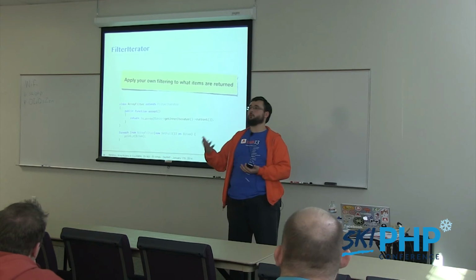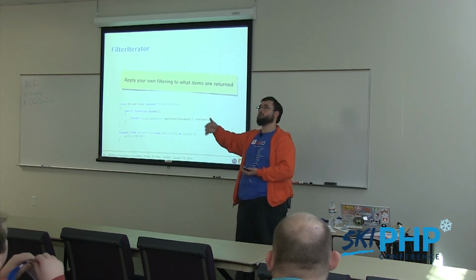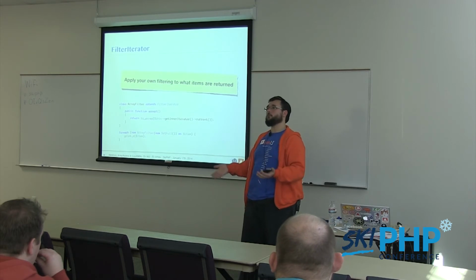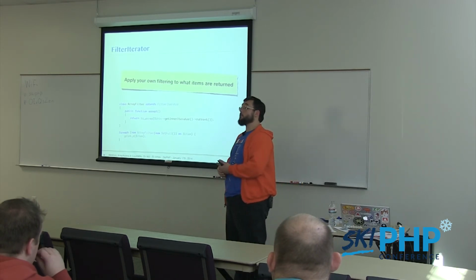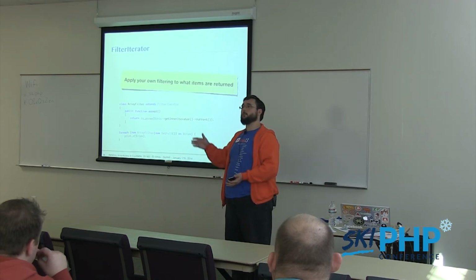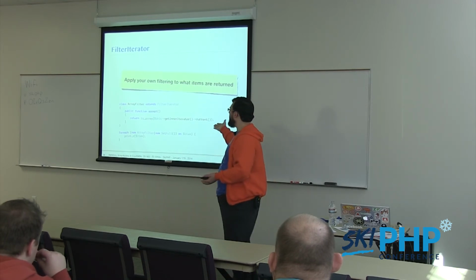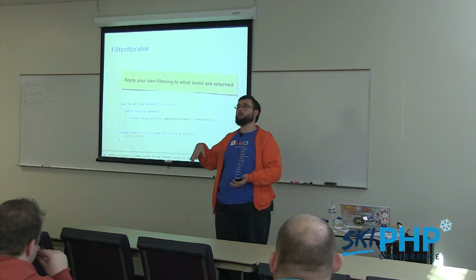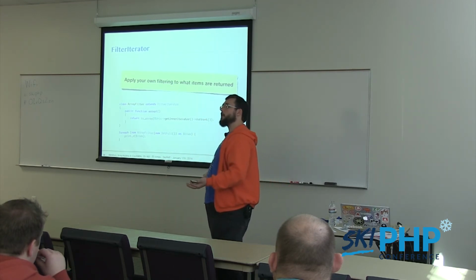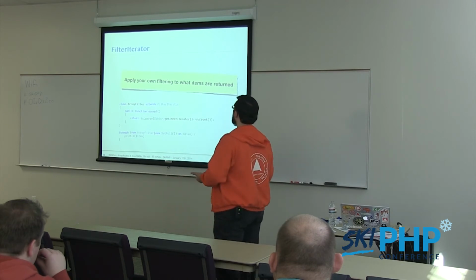Should this item be returned or not? So you can build it to skip certain items. For example, if you had a list of conference attendees and you wanted just the female attendees, you could create a FilterIterator and have it look at the gender field and return true if female, false if male, and end up getting back a list very quickly that way.